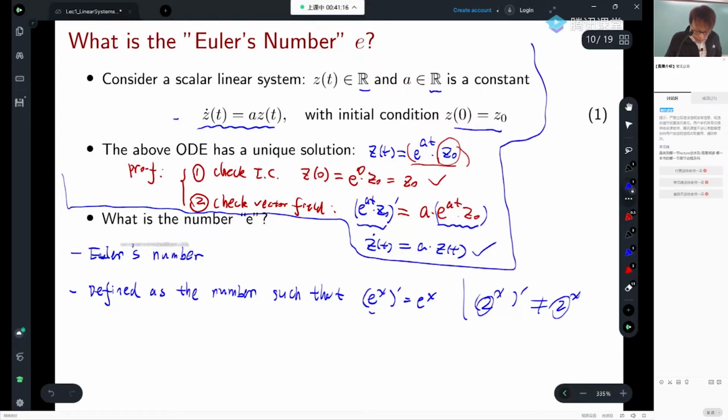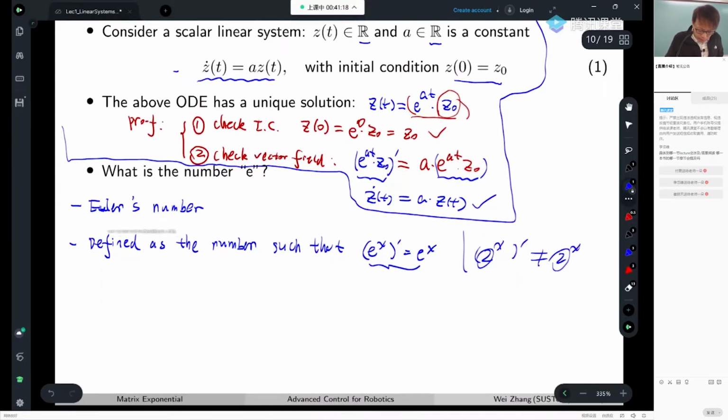How do we define this one? If you look at this, that means if you take the limit, you all know how the differentiation is defined, right? So E to the X derivative, how to compute this? E to the X plus H minus E to the X divided by H as H goes to 0.